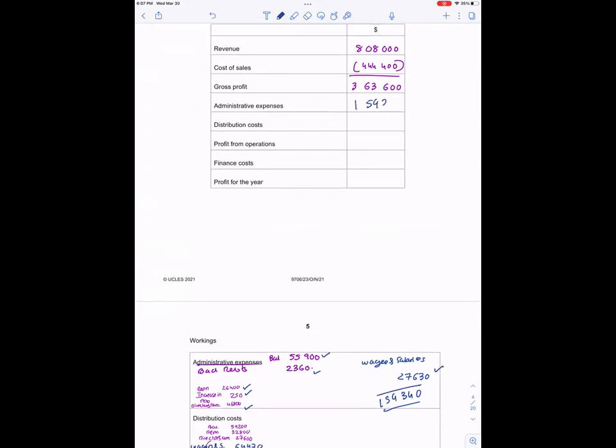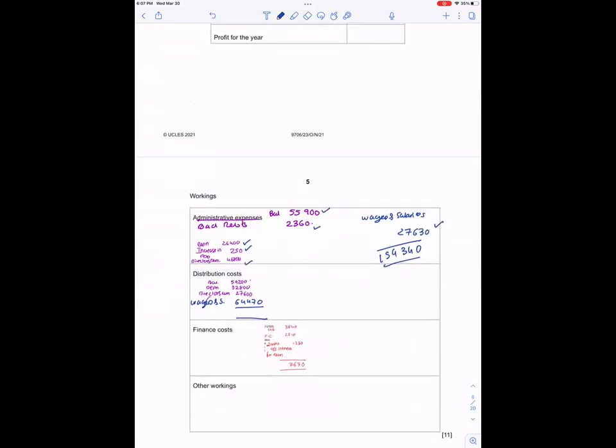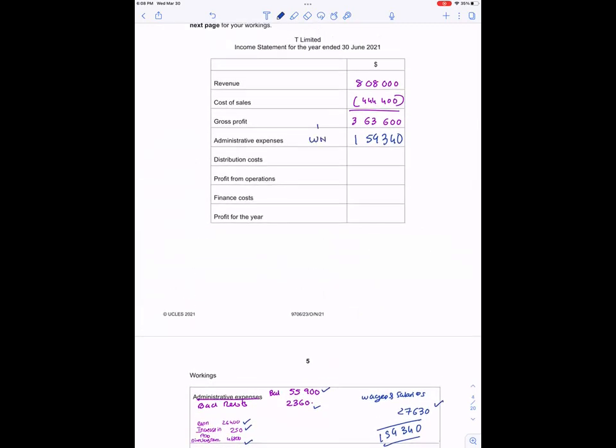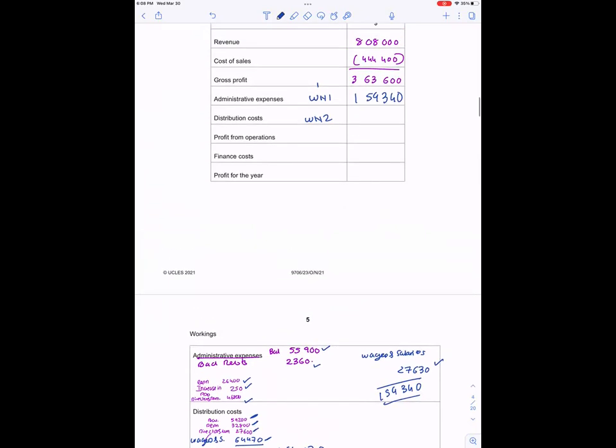Distribution costs: 59,200 plus 27,600 plus 32,800 plus 64,417. 184,070 is distribution cost. So this is working note number 1. This is working note number 2. 184,070.